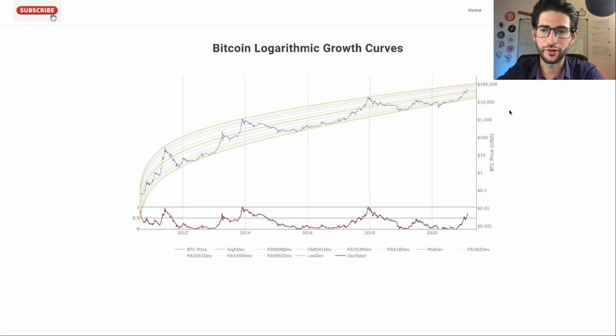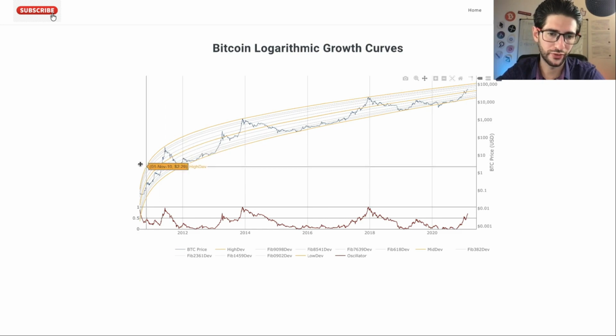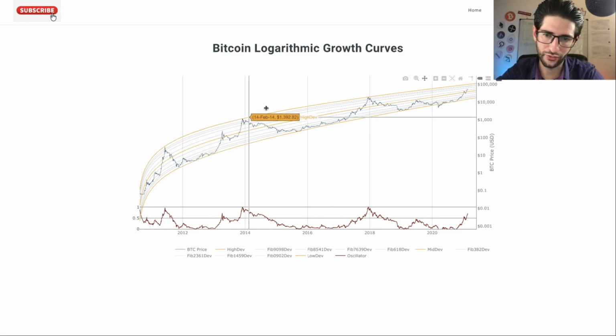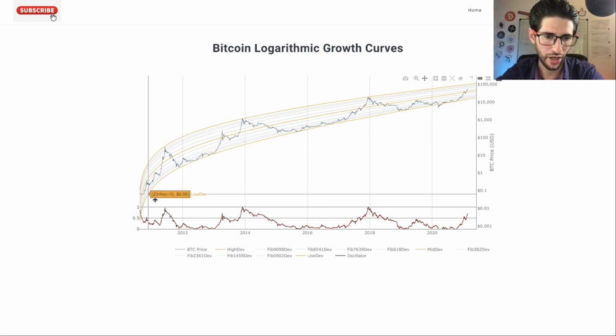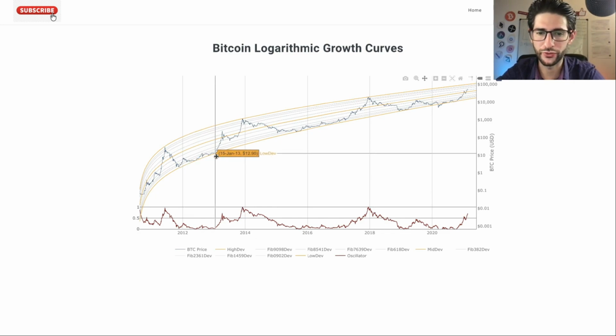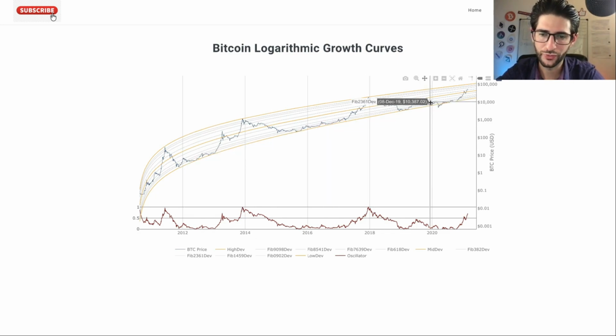Basically it's all based on the Fibonacci numbers and extensions. You trace the line over all the peaks of the previous bull markets and all the lowest of the bear markets.